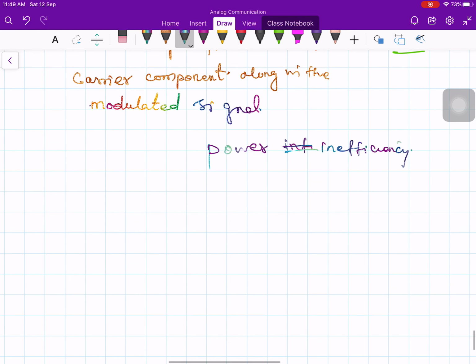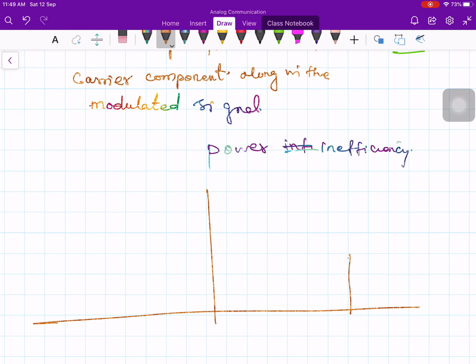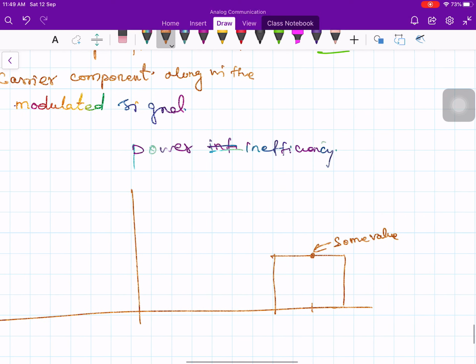Maybe I'll draw this diagram one more time. You have the component like this. Even though you have some value here, at a particular point that value will be 0. Why?